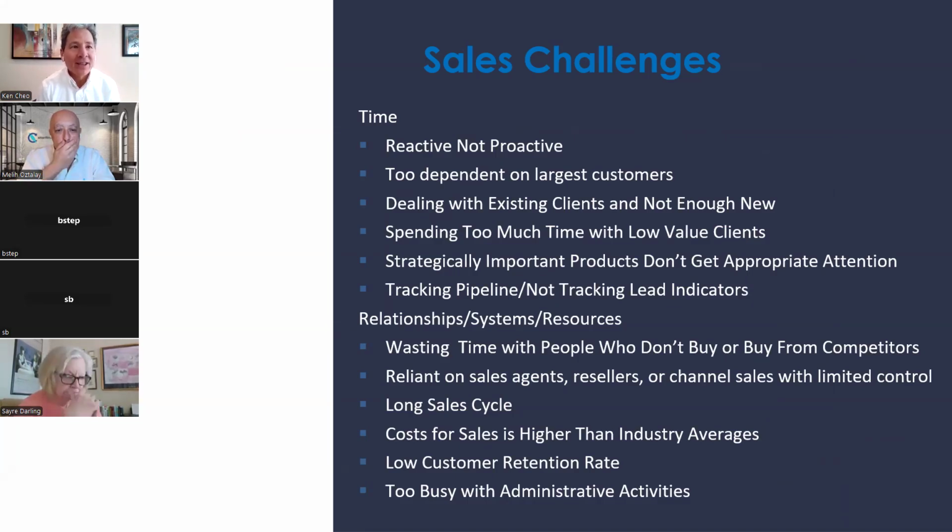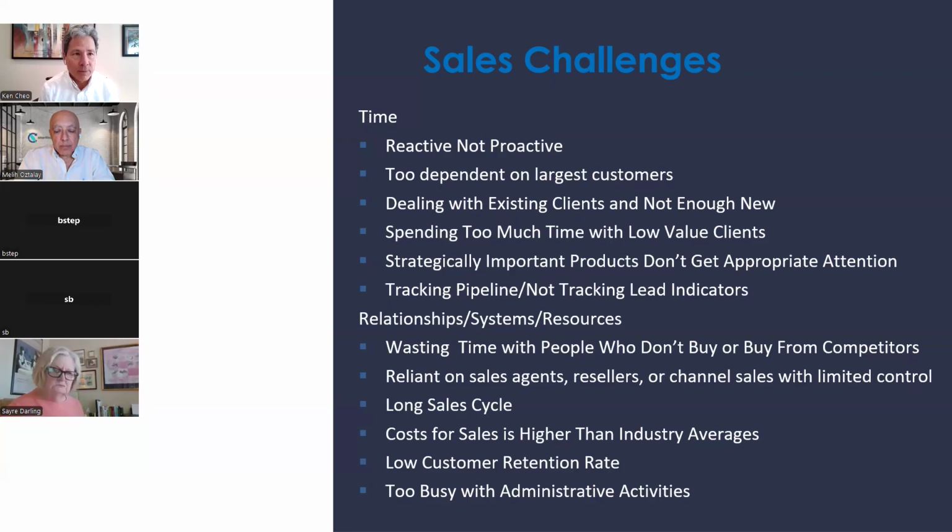And the tools, resources and systems we're going to be talking about are really designed to help salespeople be more efficient with their time and to develop better relationships and know who to spend their time with.